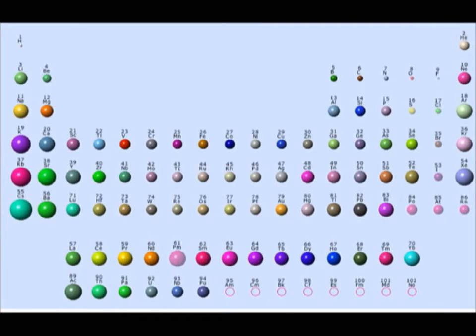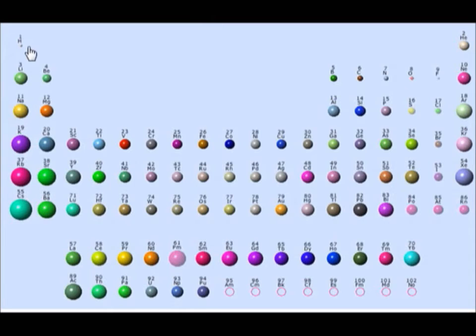The atomic radii trend seen on the periodic table: the atomic radius is measured from the nucleus to the outermost valence electron, and that creates the size of the atom.